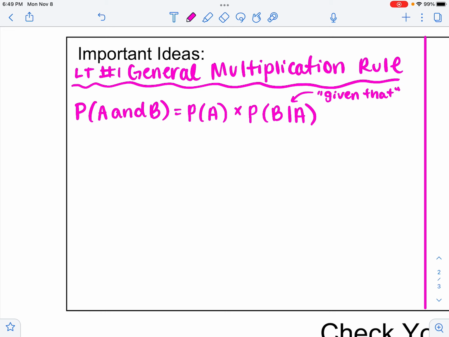And we know that this is considered a conditional probability.